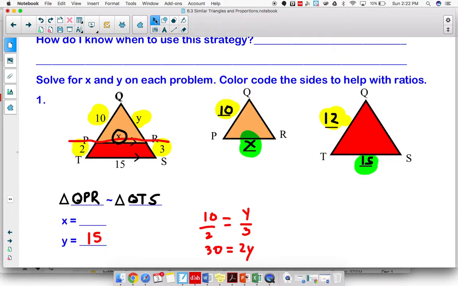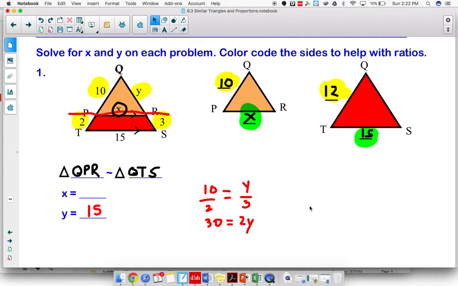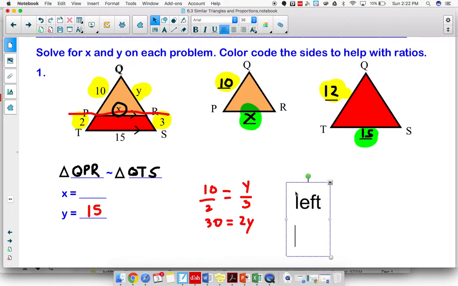And when we go to write this proportion, some of you are really good at just picking these numbers off, but some people have trouble getting things turned around. I'm going to show you a strategy that probably helps if you get the items turned around. So I usually look at, like the yellow parts are the left edge, the green parts are the right edge. So I'm just going to put some labels down this side.